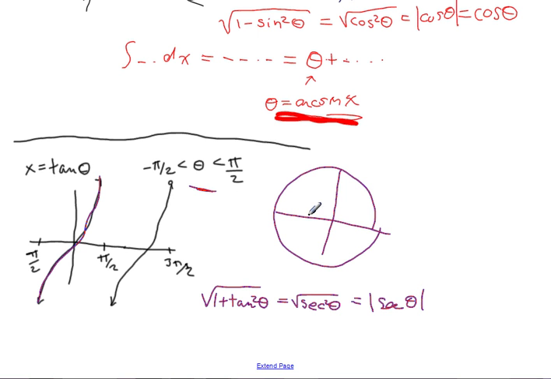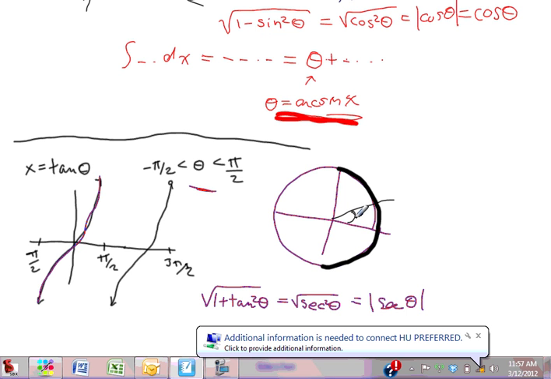But in that restriction, from negative pi over 2 to pi over 2, right there, if theta's in that restriction, well, secant is 1 over cosine.